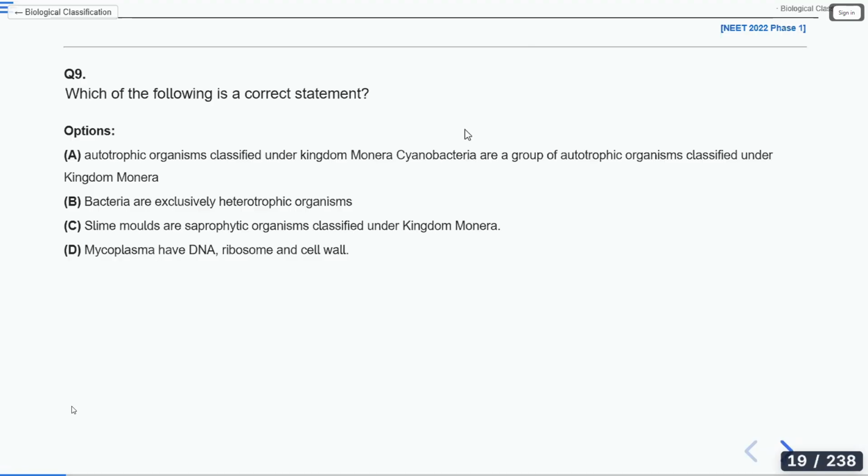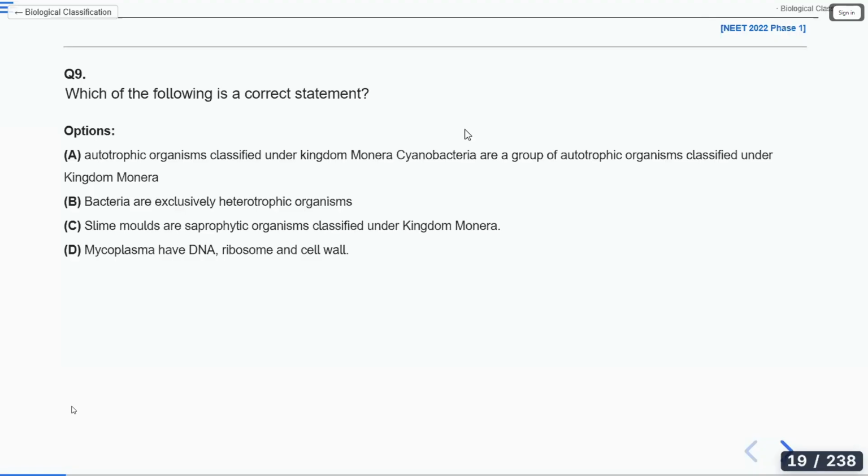Slime molds are dinoflagellates. Okay. So, what is your conclusion from this?